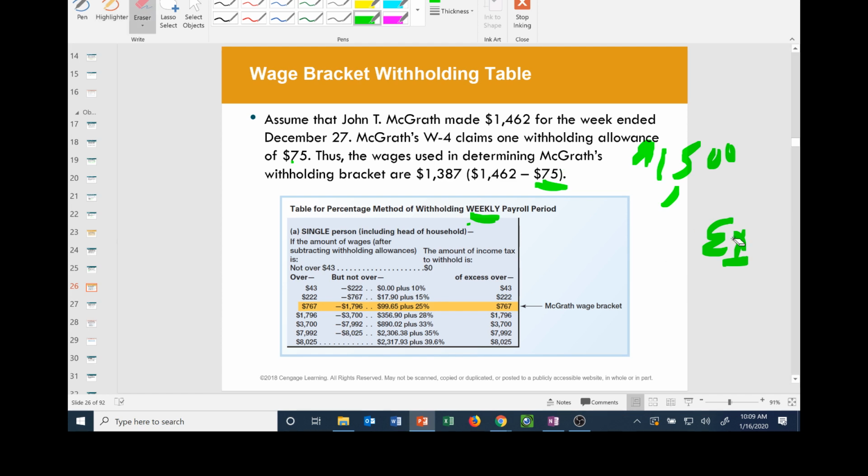You take 150 from 1,500, and that leaves 1,350. Now you find 1,350 in this table, and it happens to be the same one. Now take this yellow line here and find the taxes on $1,350. See if you can find the tax. Read it sensibly now and use some common sense.